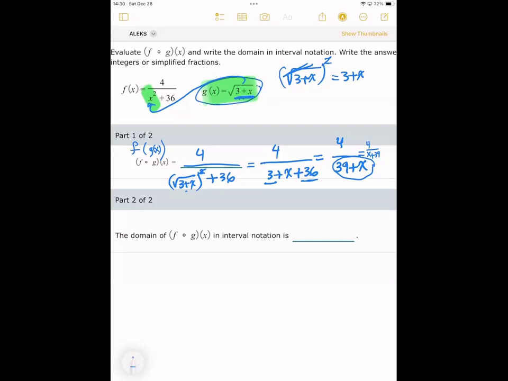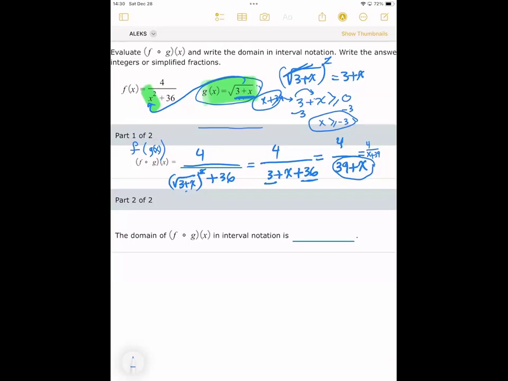We start with a square root of 3 plus X. We want to make sure 3 plus X is greater than or equal to 0, because right now it's not in the denominator. So we want it to be greater than or equal to 0. We subtract 3 because 3 is being added to X. This is the same as X plus 3. They're the same thing. So you want to get rid of the 3, subtract 3. So you get X is greater than or equal to negative 3. That's what you get. That's your domain.